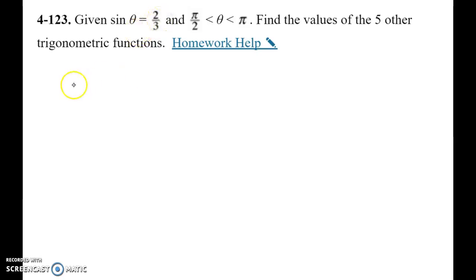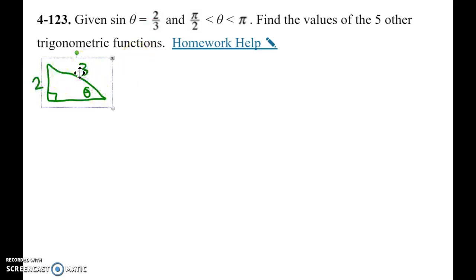So given that sine is positive 2/3, I'm going to draw a little helping triangle for that. Seeing this statement right here, I know that the quadrant is quadrant 2. So my triangle would be oriented like this. And since sine is defined as opposite over hypotenuse, I've got a 2 here and a 3 here.